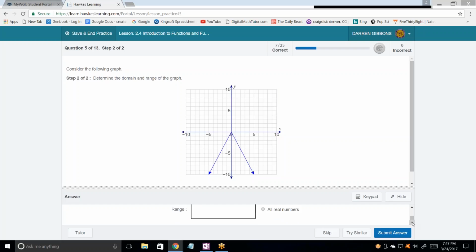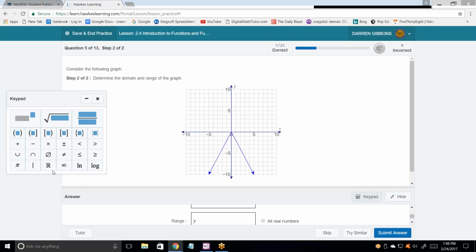Okay? So the range, let's see what it will let me put in here. Y has to be less than or equal to 0. Should accept that.